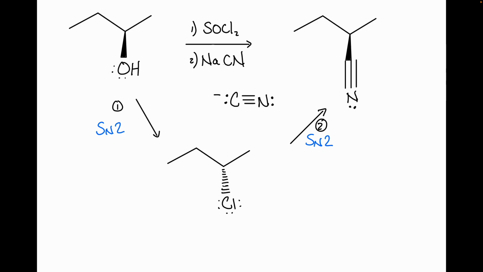Because in order to get to that carbon that it's reacting, it has to come from the opposite side of where that chlorine is, that backside attack. So that's what leads to that stereochemical inversion. So I flip it once from a wedge to a dash, and then I flip it back from a dash to a wedge. All right?